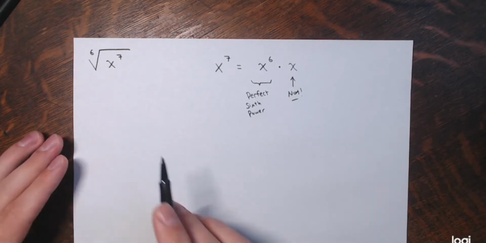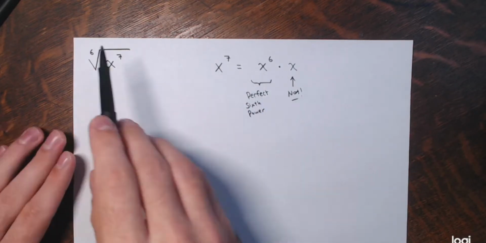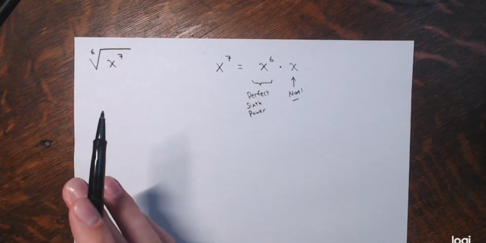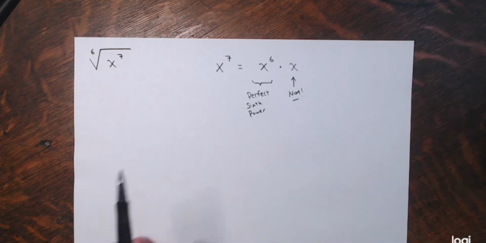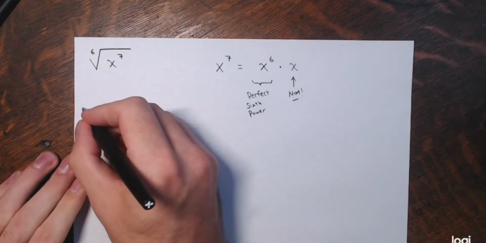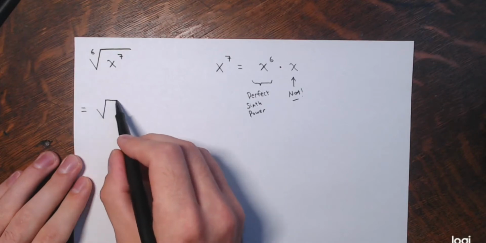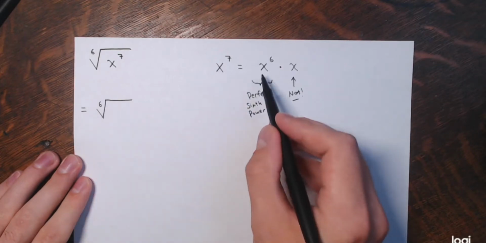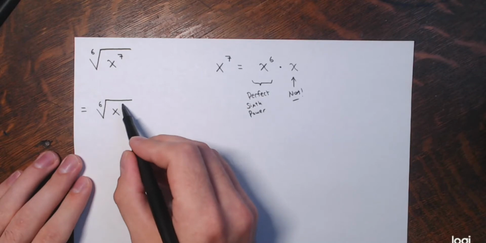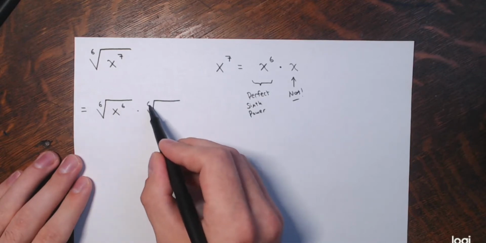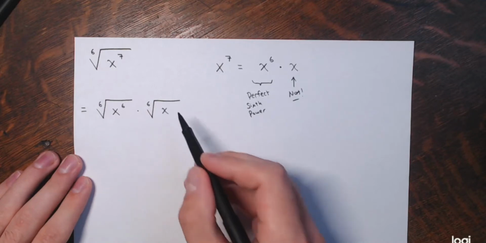All right, so now I've broken it up the way I want. Again, you gotta pay attention to the index to tell you what you're breaking it up into, perfect what power and not perfect what power. Then the product rule: I'm gonna break this up to the 6th root of the perfect sixth power, x to the 6th, times the 6th root of the rest of it, just x.